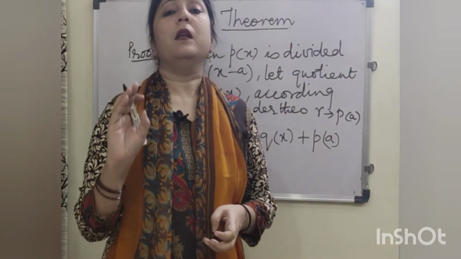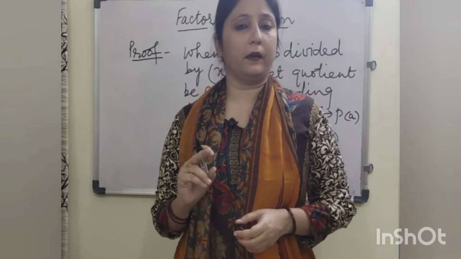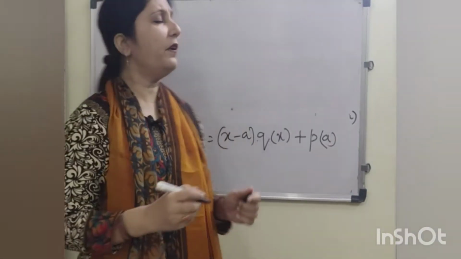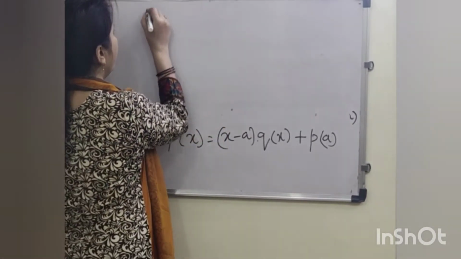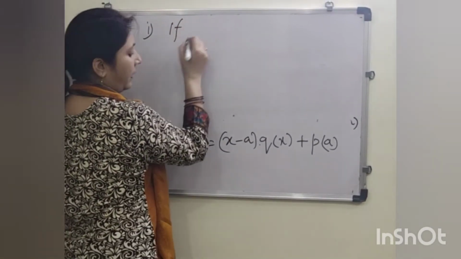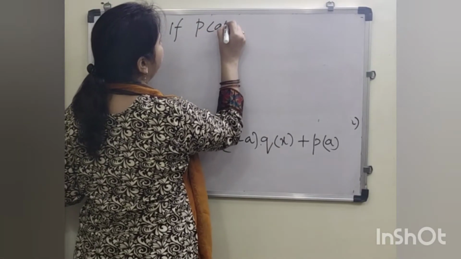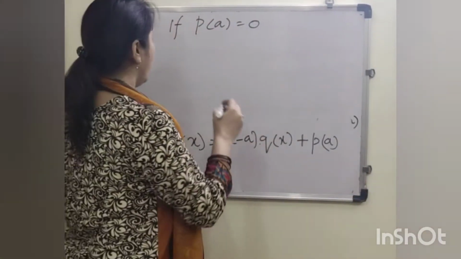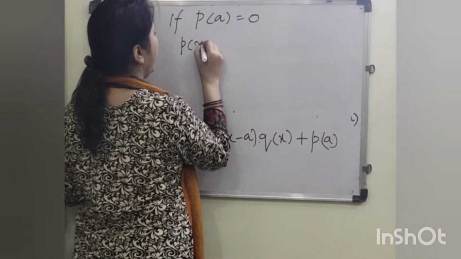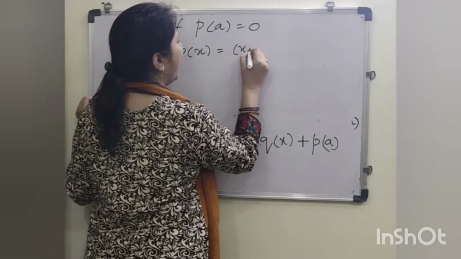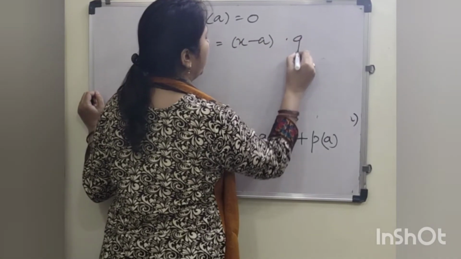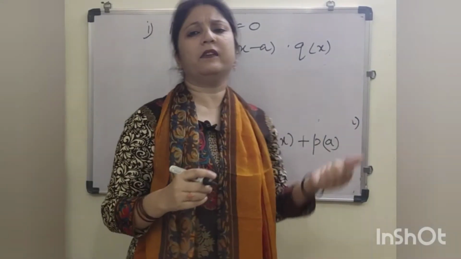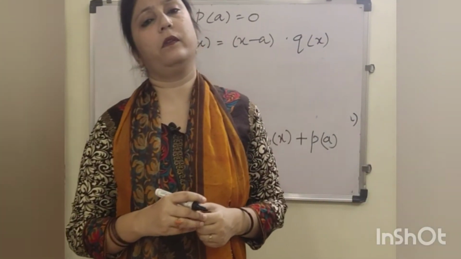Clear? Now again two cases are there. The first case, if P(a) is equal to 0. If you consider this remainder P(a) as 0, then you will obtain P(x) is equal to (x minus a) into q(x), which shows that x minus a is a factor of P(x).